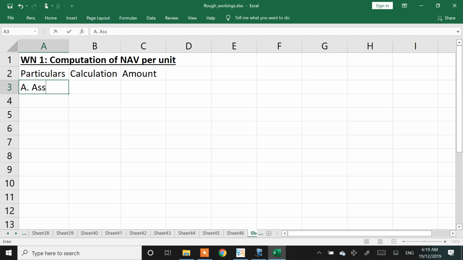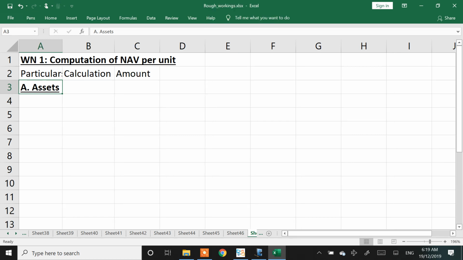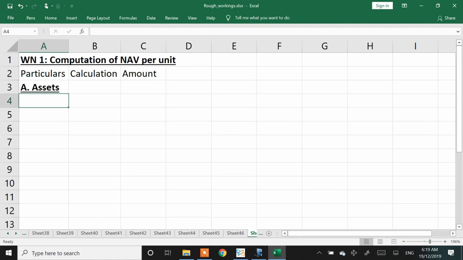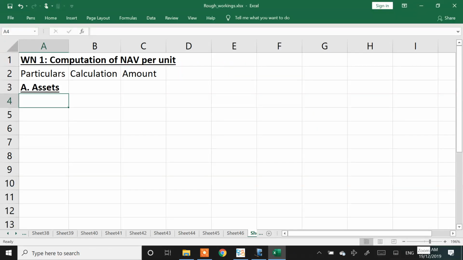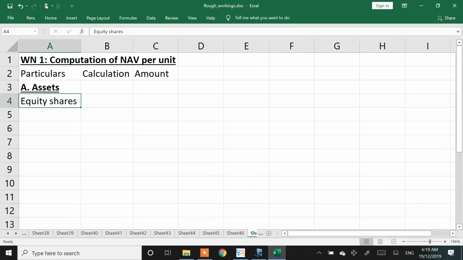Capital A, assets, investment in assets, equity shares, and underline that.